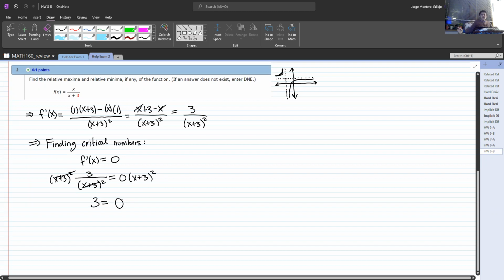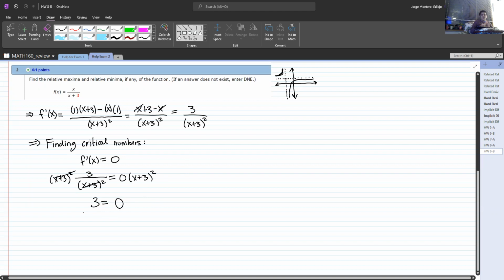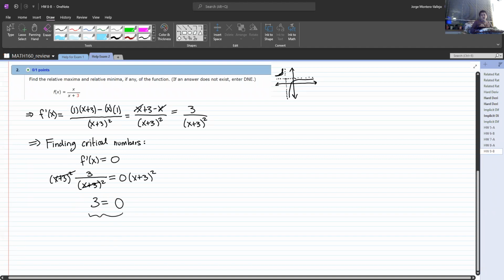But then you get the equation 3 equal to 0. That's a contradiction, that's nonsense. So when you arrive at a contradiction like this one, there is no solution.